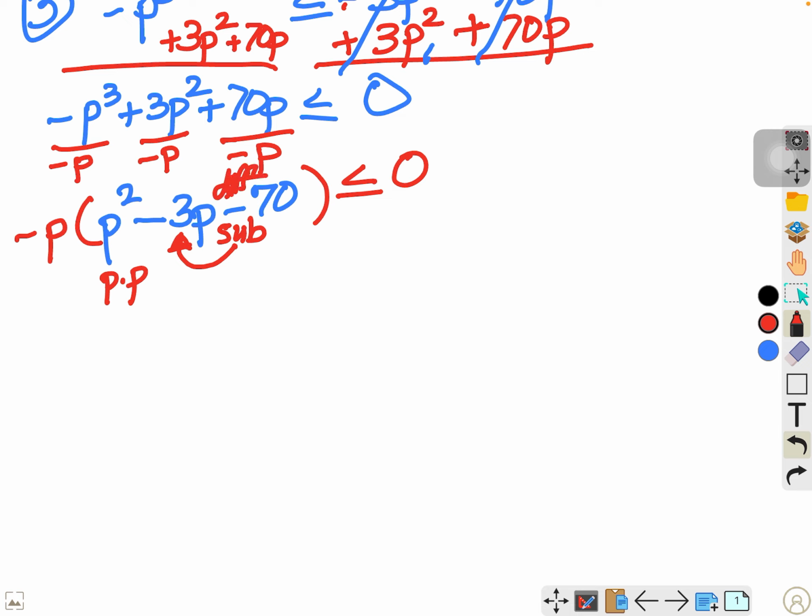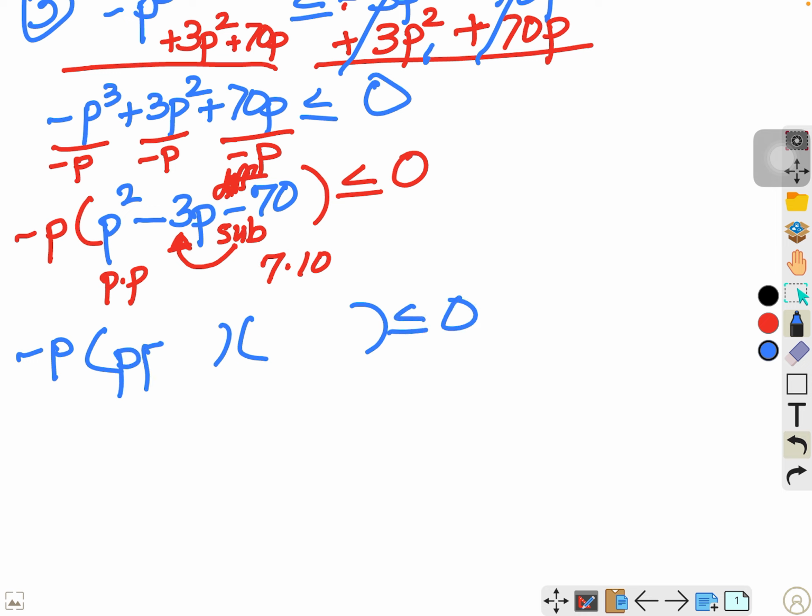Okay? So I know that's going to be 7 times 10. 7 times 10, the product is 70. And those factors will subtract and give me 3. So let's factor. We have our negative p. P times p.